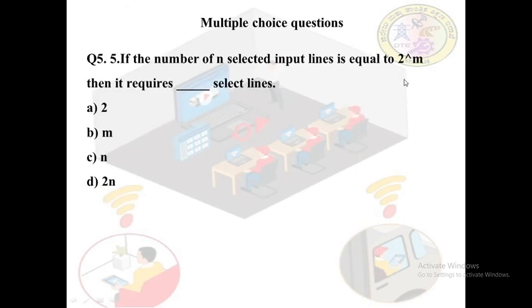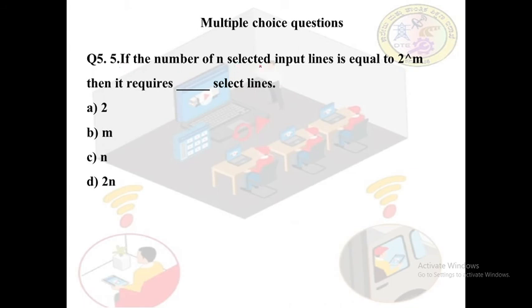Fifth question, if the number of input lines is equal to 2 power m, then it requires dash select lines. We have discussed this already.